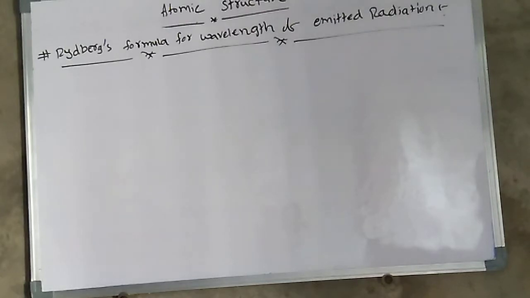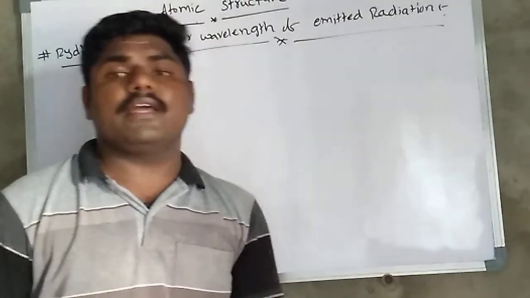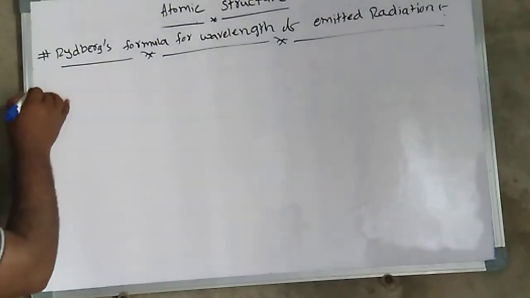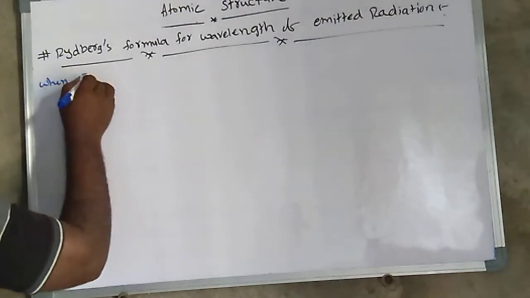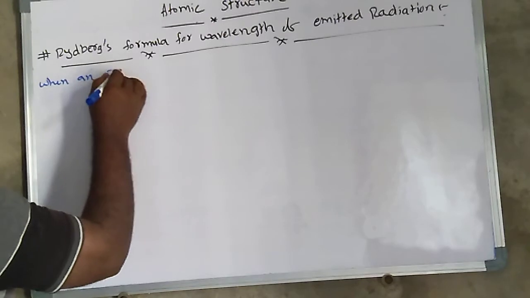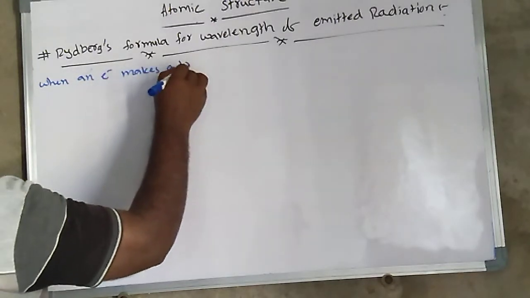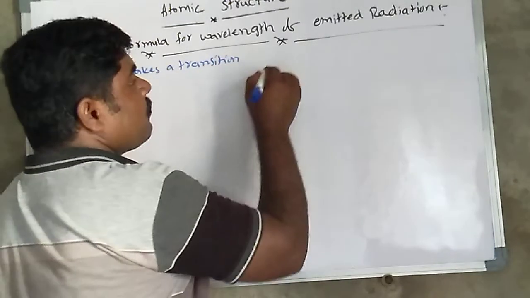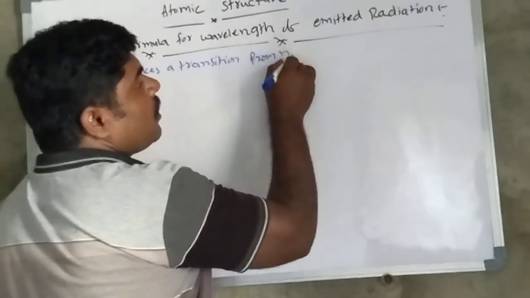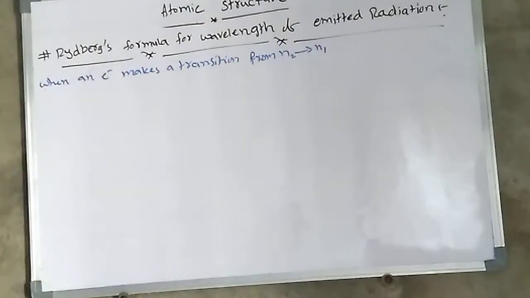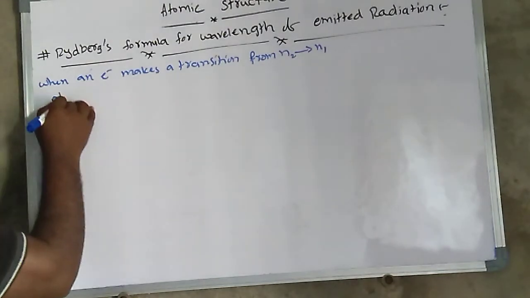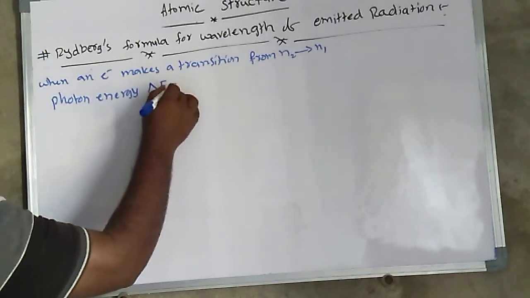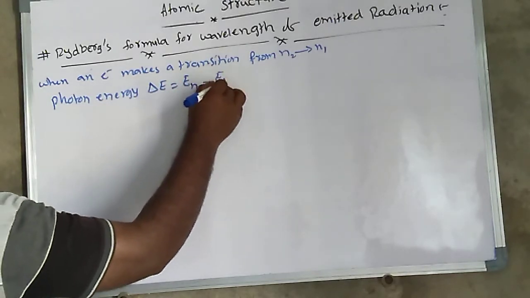Another important one: the Rydberg formula for the wavelength of emitted radiation. When an electron makes a transition from n2 to n1, the photon energy delta E is equal to En2 minus En1.